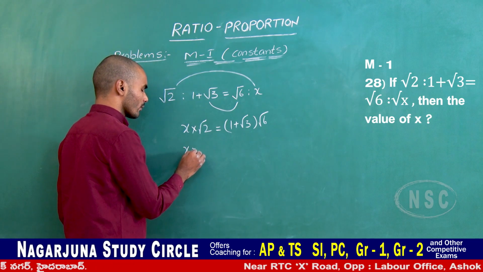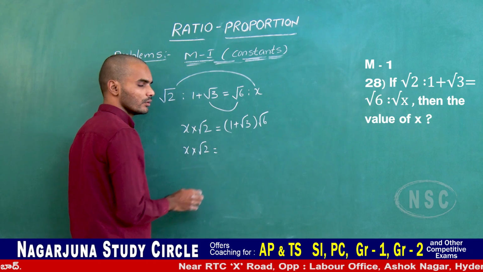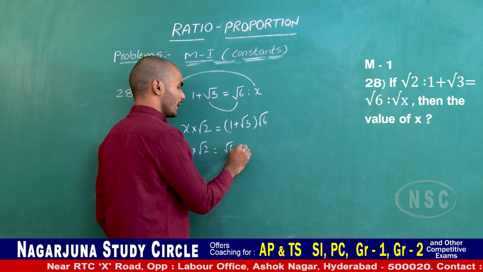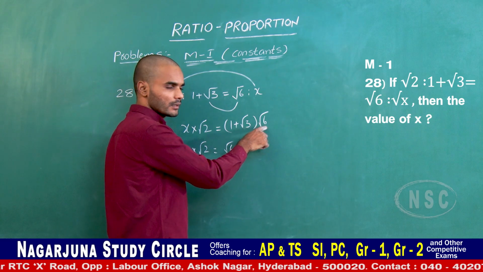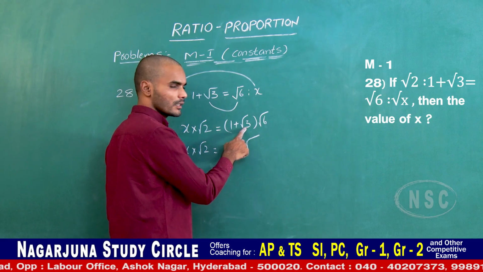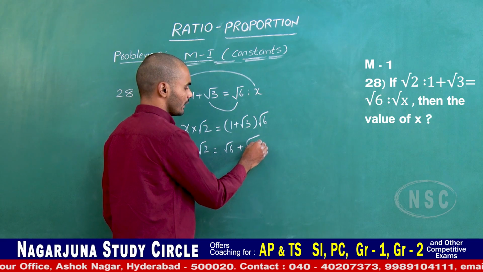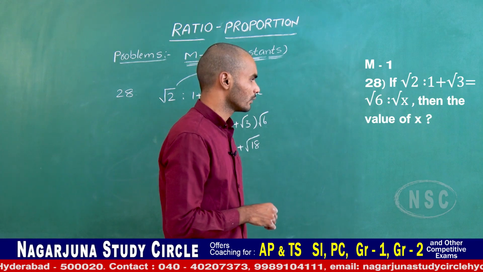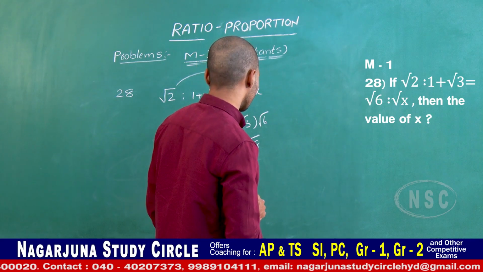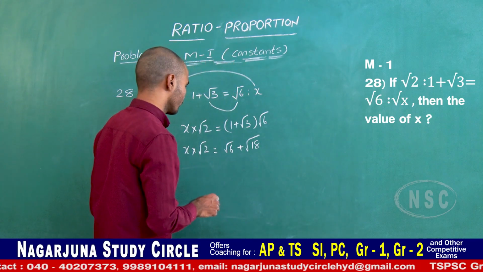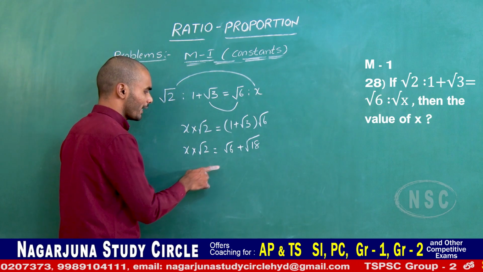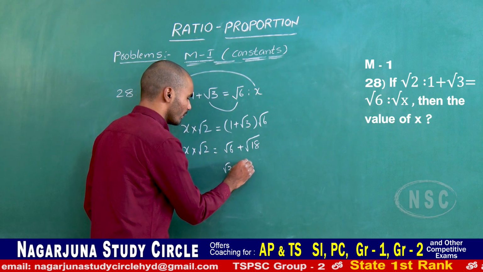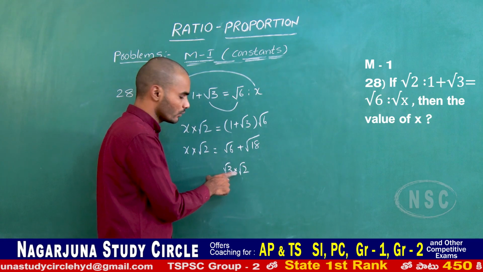X root 2 is equal to 1 multiplied with root 6, which gives root 6, and root 3 multiplication with root 6 gives root 18. Next, I want to write root 6 as root 3 multiplication root 2, because root a into root b gives root ab.